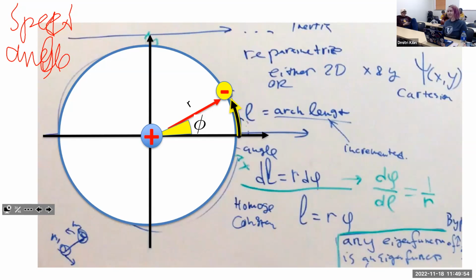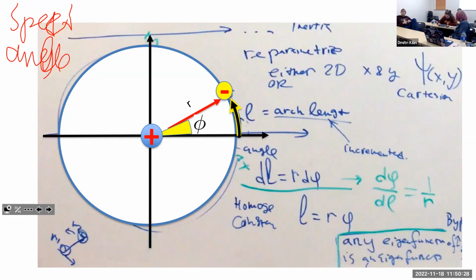Raise hands if you know what I'm talking about. Angular momentum is a vector perpendicular to the plane of rotation, and its length is equal to. If you were taking freshman physics, which I think is required. I can't remember it.